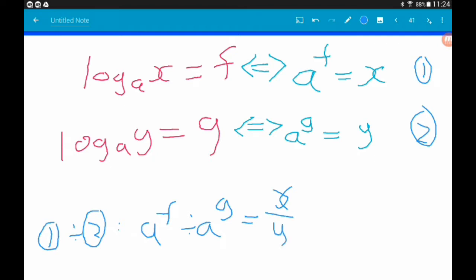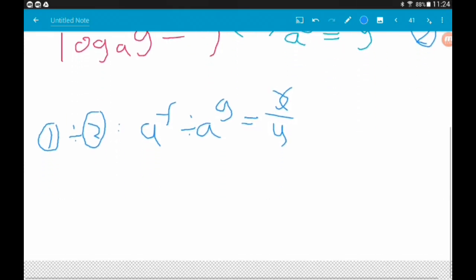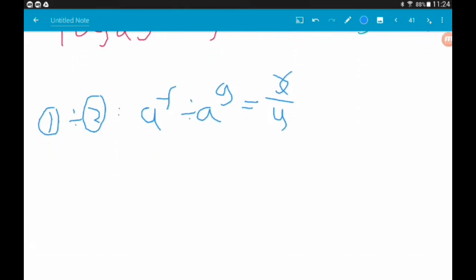Which is good, we've got our x over y term. So, using our rules of indices, a to the power f divided by a to the power g is a to the f minus g, and that is equal to x over y.